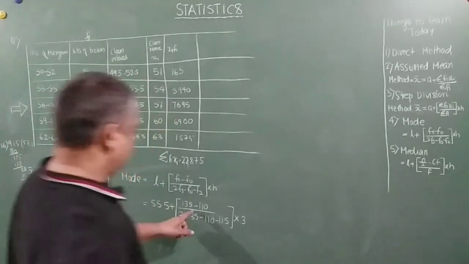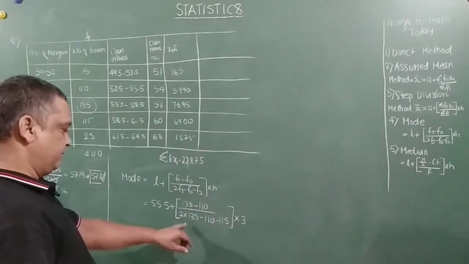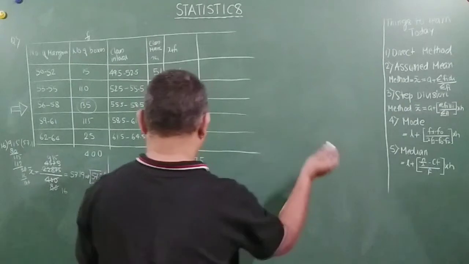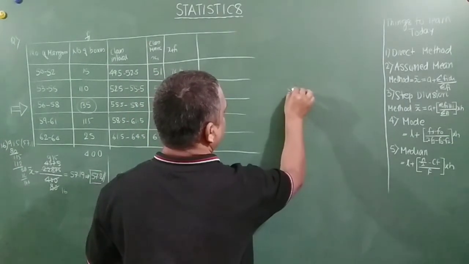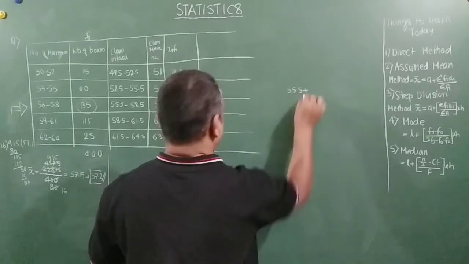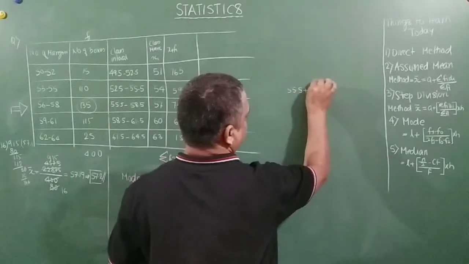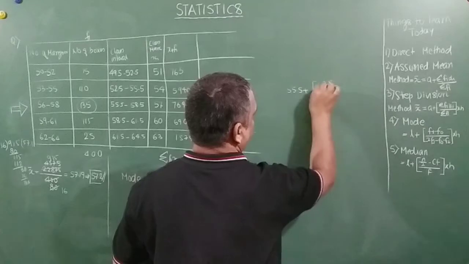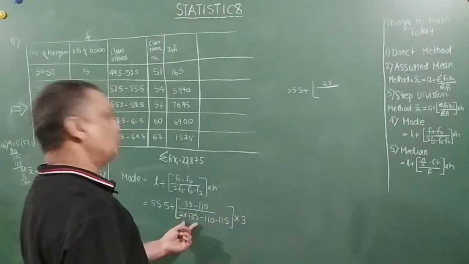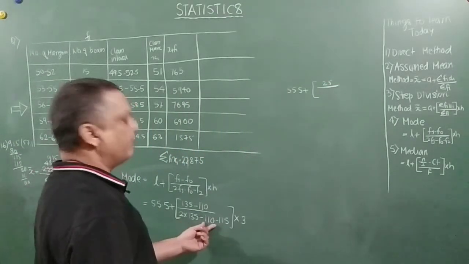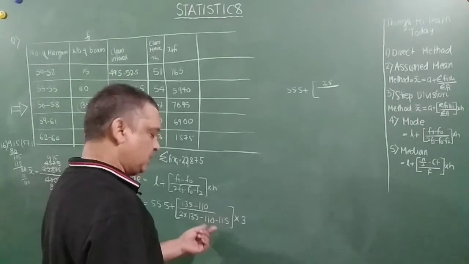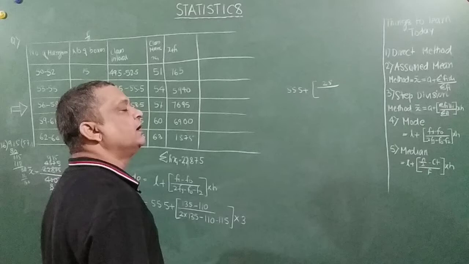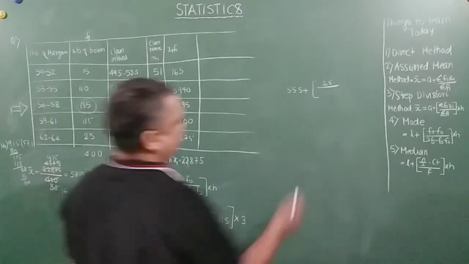We need to actually solve this to find the answer. Let's do that. This becomes how much? 25. So I'll just do it here and then write the answer down here, okay? So 55.5 plus 25 on the top, divided by 270 minus 110, that is 160, minus 115, that is equal to 45.